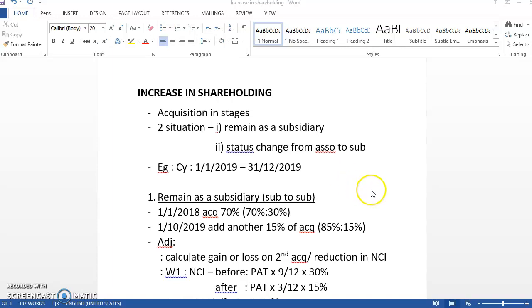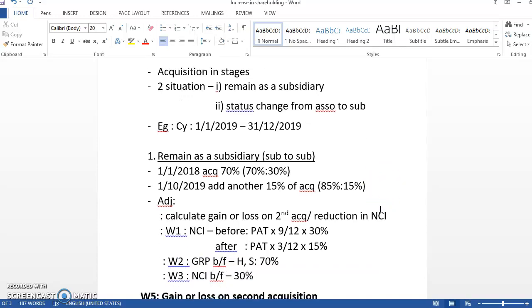For example here, on the 1st January 2018, Gage acquired 70% of the ordinary share capital in S. So the acquisition will be 70% and 30% of NCI.